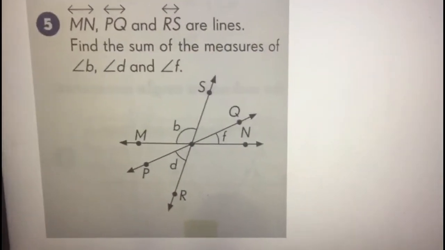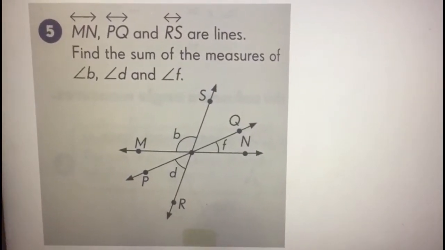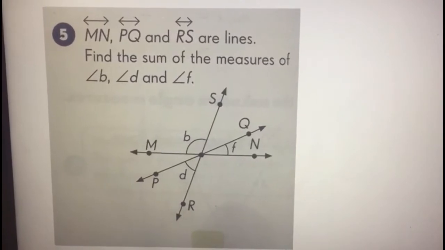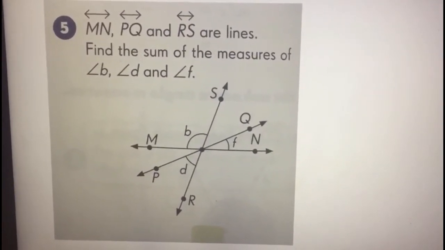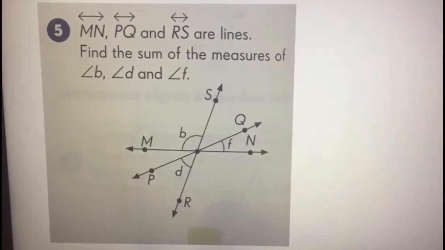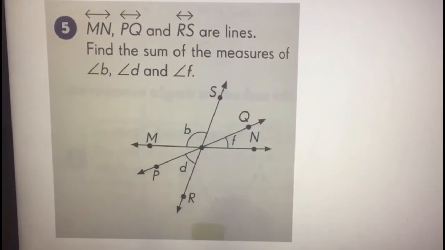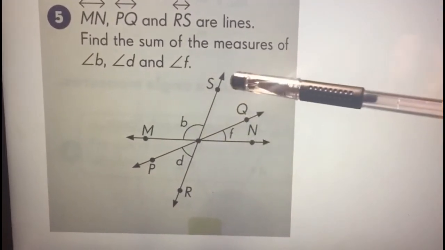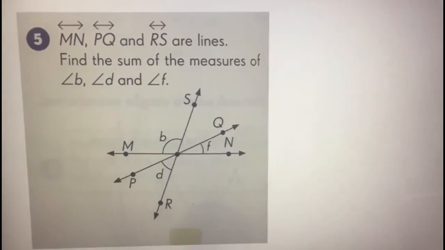So in order to find out the sum of their measures, we have to use our vertical angles property and replace them with some equal measure angles so that we can get these angles either on a line or on a point. Then we know the sum of their measures.